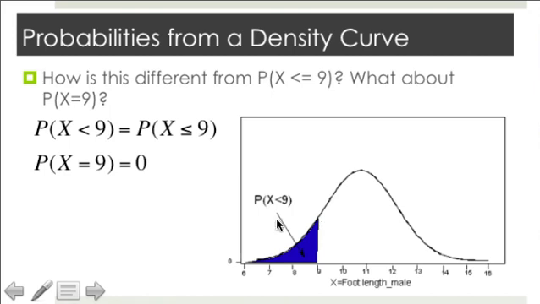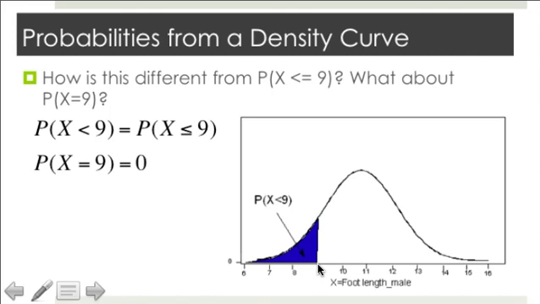In fact, we can think about it this way by thinking about this fact right here. The probability that x is equal to 9 is 0. Why is that? Well, if you think about it, since we're looking at an infinite number of values on the horizontal axis, then the width of the so-called rectangle when x equals 9 is 0. It has no width. It's just a point on the line.